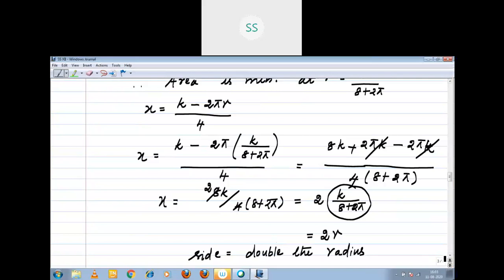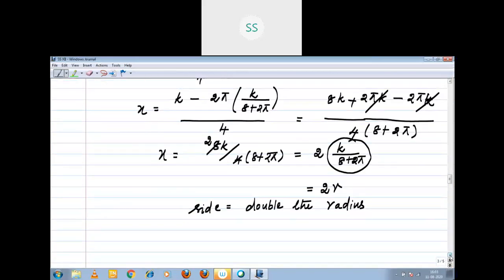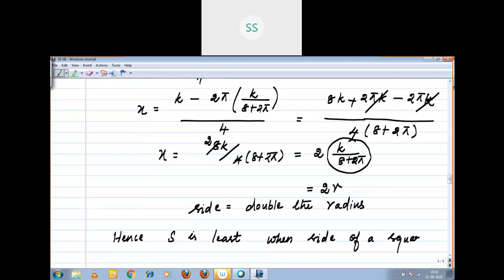Okay. Now we are going to end the solution in the format. Hence, sum of the areas is least, or S is least, when the side of a square is double the radius of a circle.